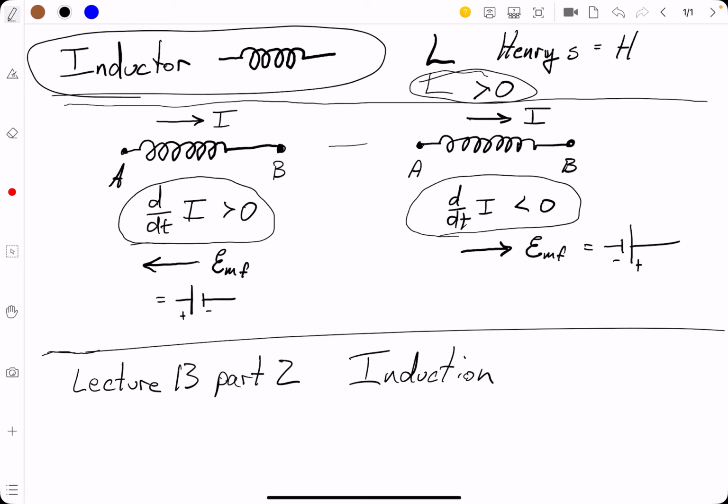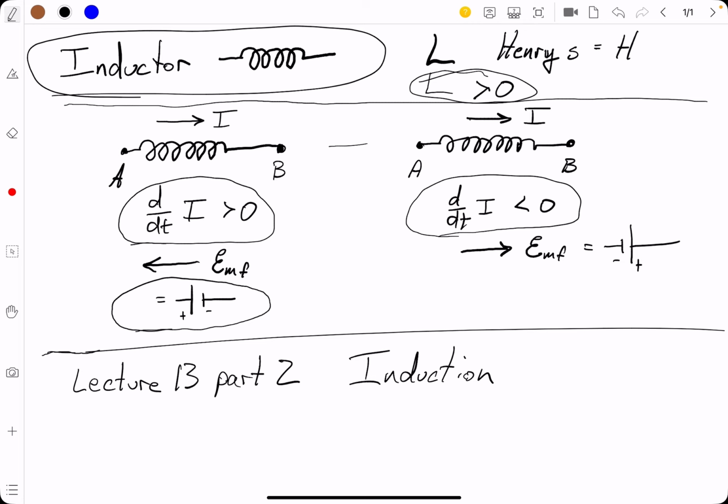So two things happen. If you're increasing your magnitude of current, your EMF that is generated through self-induction is going to cause an EMF to go from A to B. So it will look like a battery like this, okay?